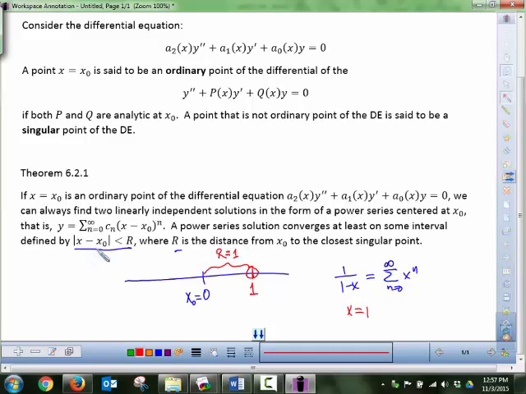So for any other x values, as long as you're fairly close enough to x sub 0, which is 0 in our case, then it's going to converge for all those x values. More specifically, we have the absolute value of x minus x naught less than 1. So any distance from 0 to 1 in either direction, as long as that distance is less than 1 from 0, then it's going to converge.